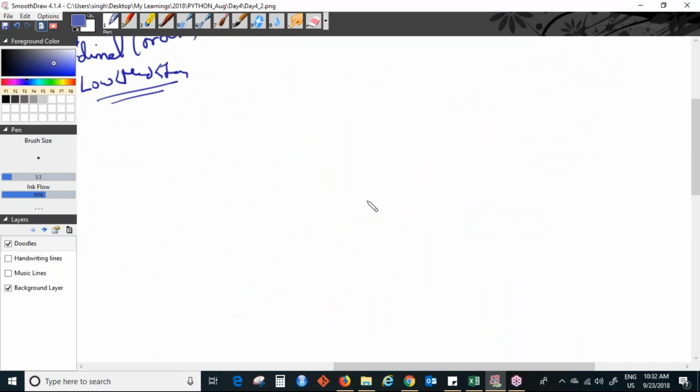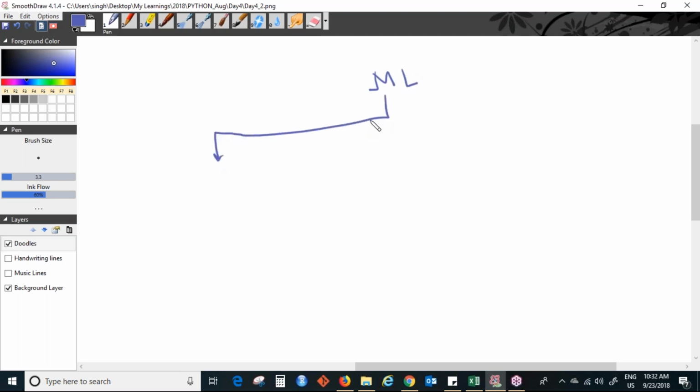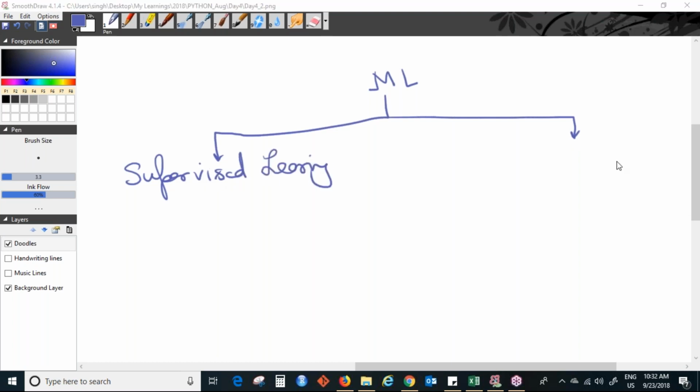So now let us look at the different types of machine learning that we have. Let me write ML here. We have two types of machine learning broadly. One is called supervised learning. So what is supervised learning?